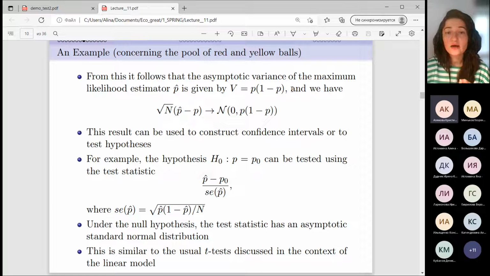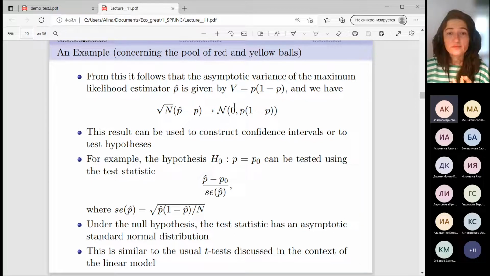We use a different one, but the good news is that as in the ordinary least squares method, the maximum likelihood estimator is distributed as normal according to the central limit theorem. And this is exactly what you can see here in the slide, that this is distributed as normal.